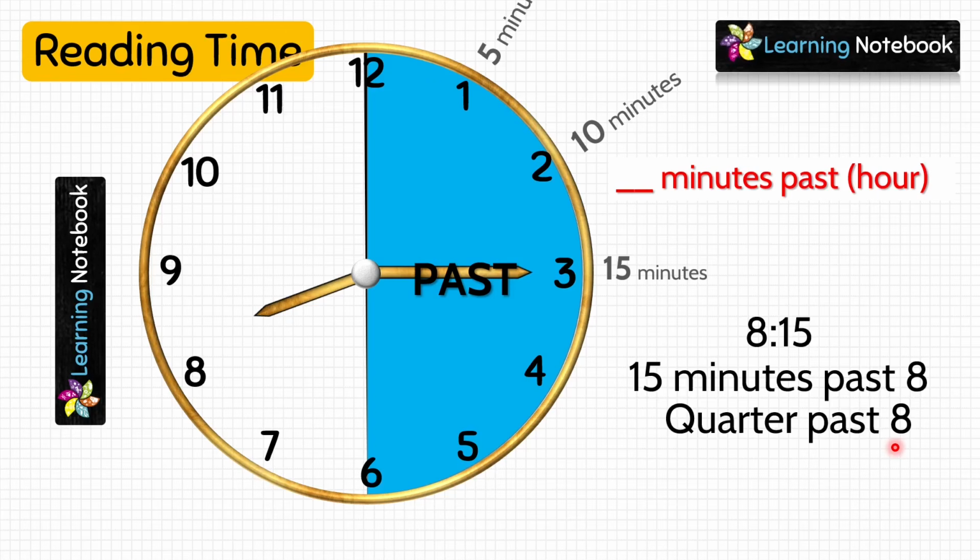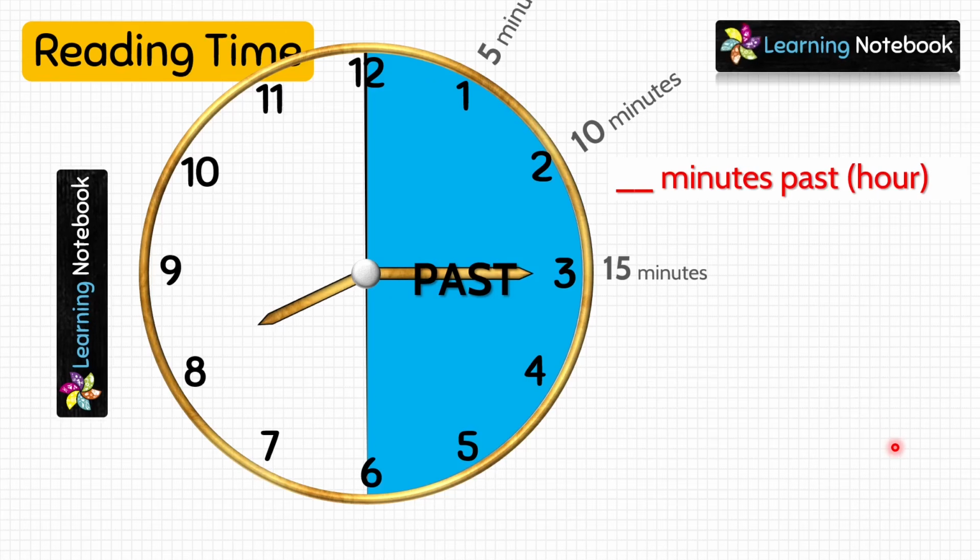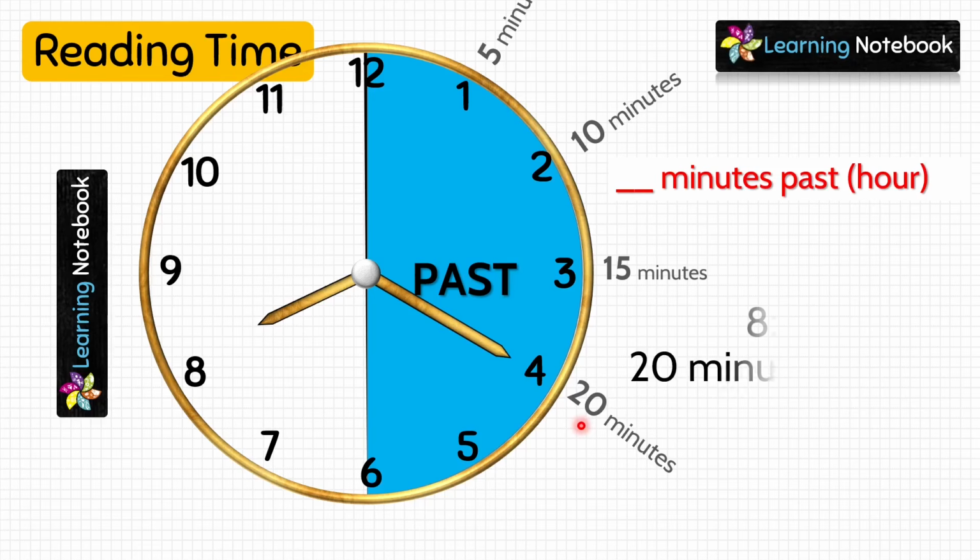Now students, when the minute hand moves to 4, how many minutes have passed? Yes, 20 minutes. So can you tell me how will we read this time? We will say 8:20 or 20 minutes past 8.